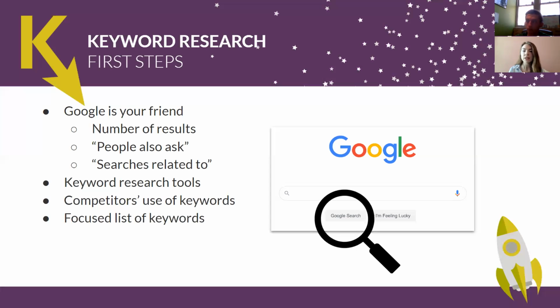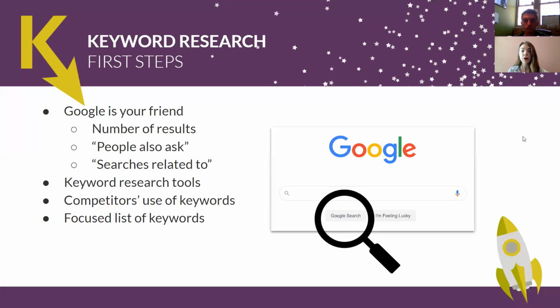And it's also a good idea, when you're first compiling that list of keywords that you may want to rank for in the future, to look at the people also ask and the searches related to boxes. Those are boxes in Google that are automatic, but they give you a clue right off the bat as to what related searches people are looking for.